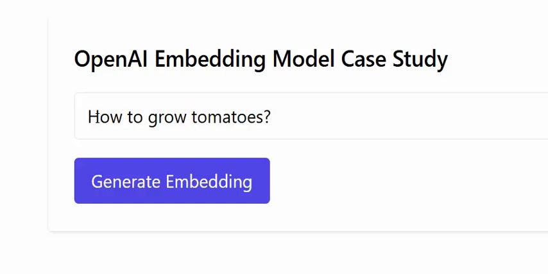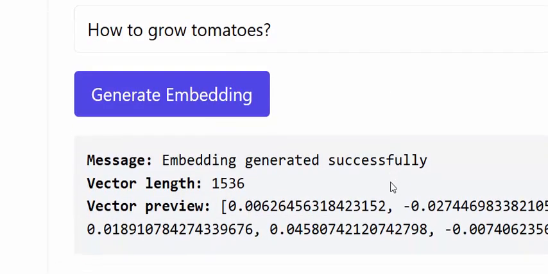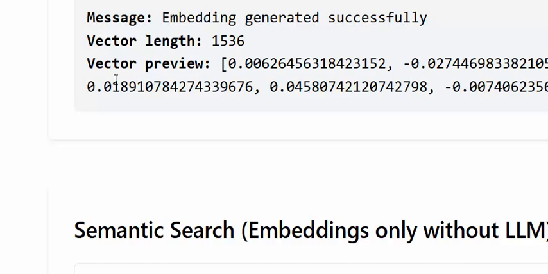Here it is. I write the prompt "how to grow tomatoes" and generate the embedding. Loading, and this is the result, the embedding.